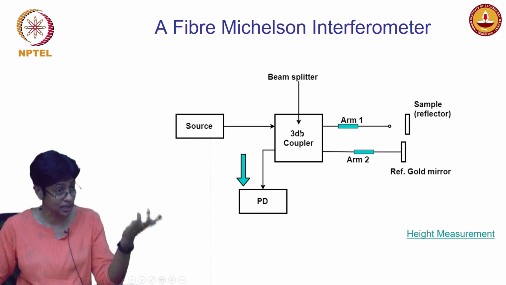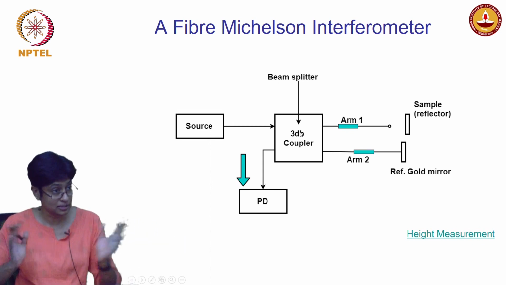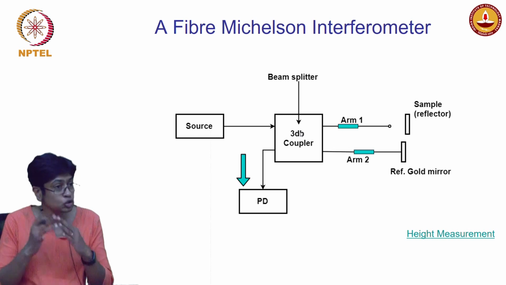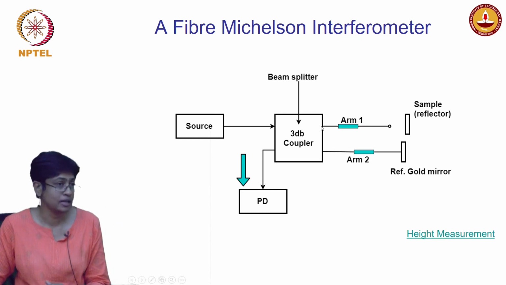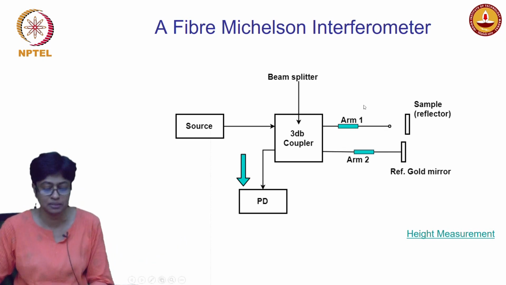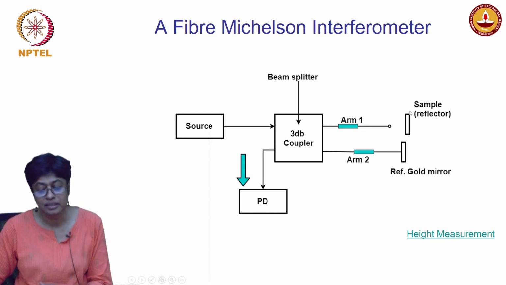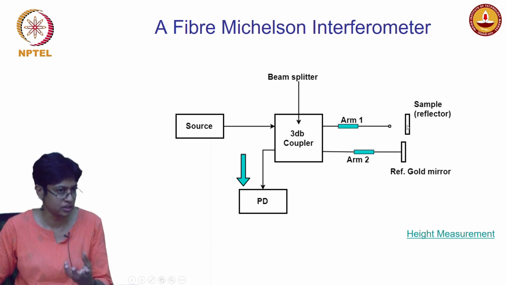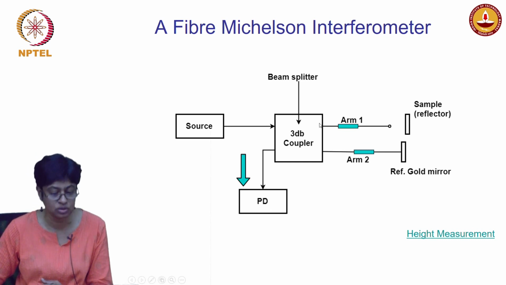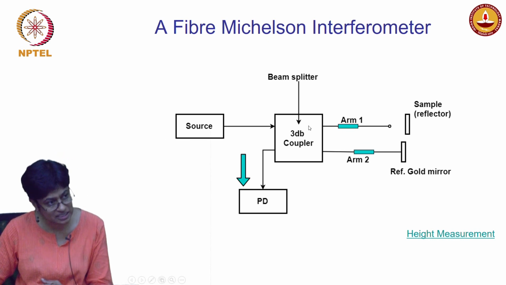It does not look like a standard Michelson where the mirrors are perpendicular to each other, because here you are creating those two paths in fiber, and you can align the fiber in any orientation, it really does not matter. What is important is that this reflector is aligned such that most of the reflected light, or a lot of the reflected light, will couple back into this fiber and travel along this path. So, here you have the light incident onward.